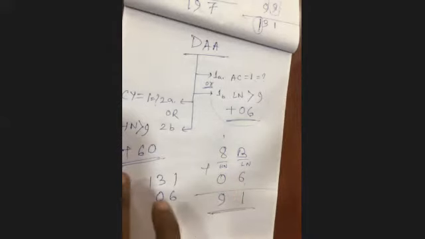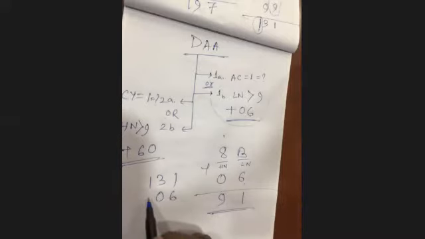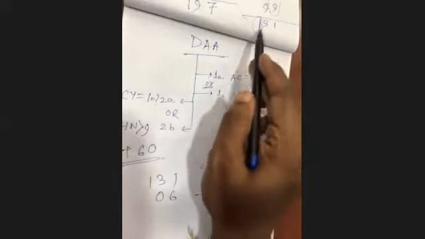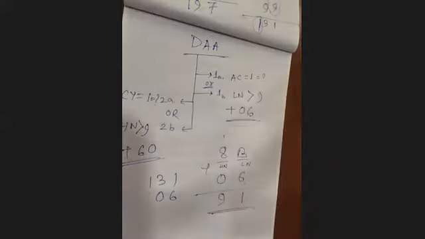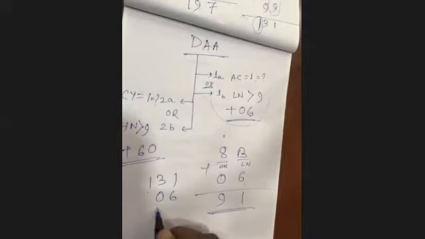Either 1A or 1B, either 2A or 2B. If 1A is true, no need to check 1B. Next, again, the carry flag: 131 is a 3-digit number, so is the carry flag set or not? Set. So again add 60 with the result.